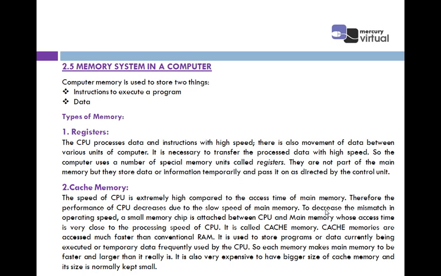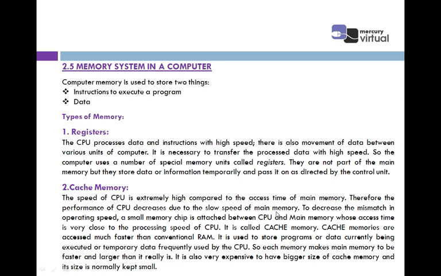Operations are performed in the CPU at a fast speed. In the same way, data should also be fetched from the memory at the same very fast speed. Therefore, the performance of the CPU decreases as there is no high speed. So there is a decreased performance of the CPU due to the slow speed of the main memory.